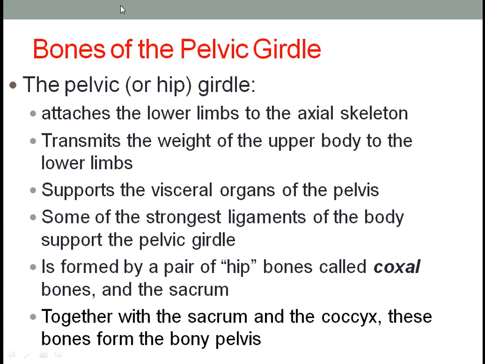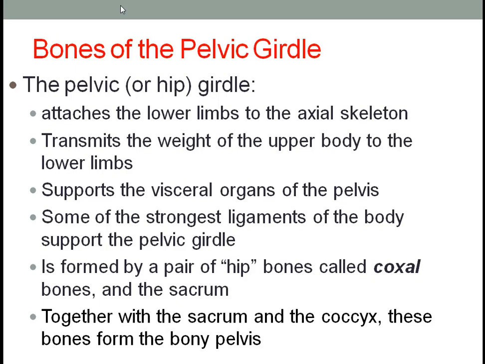It transmits the weight of the upper body to the lower limbs. It supports the visceral organs of the pelvis. Some of the strongest ligaments of the body support the pelvic girdle, which are two ligaments, the sacrotuberous and the sacrospinous.